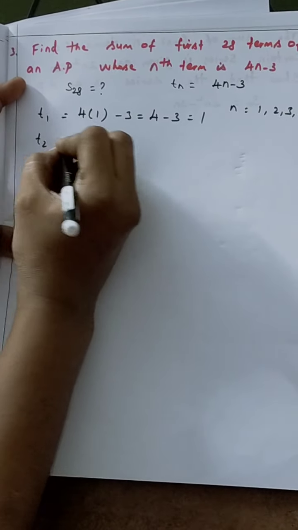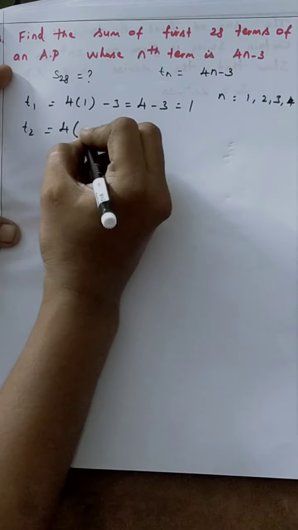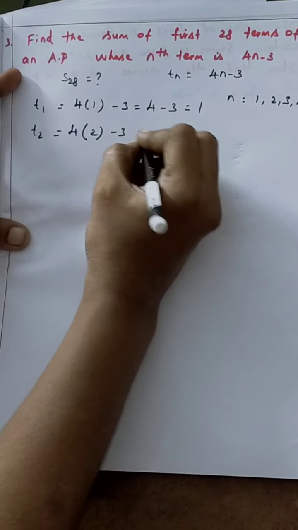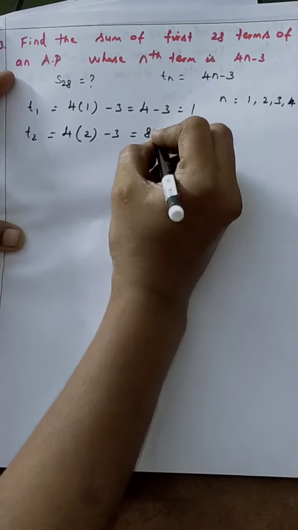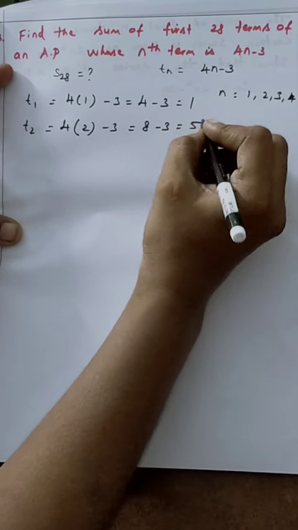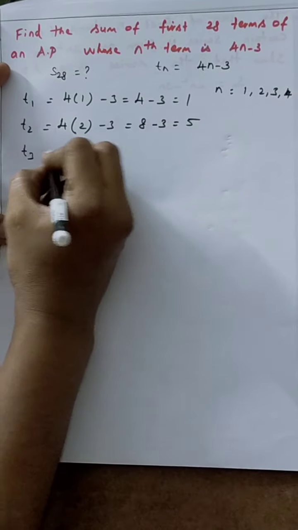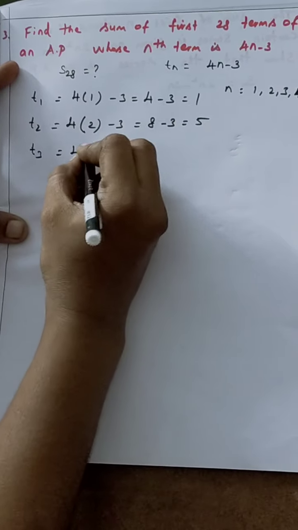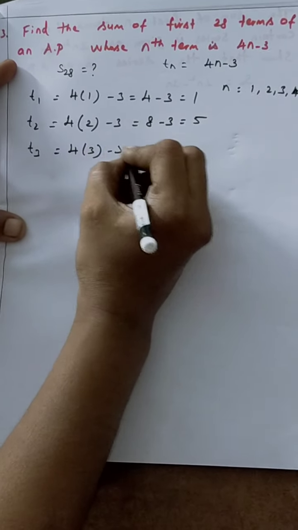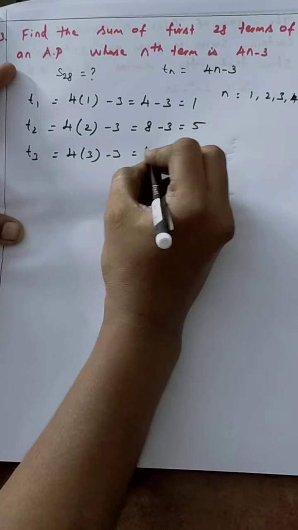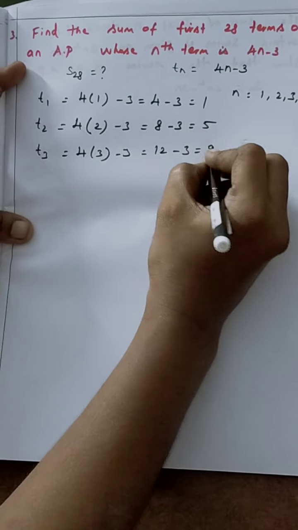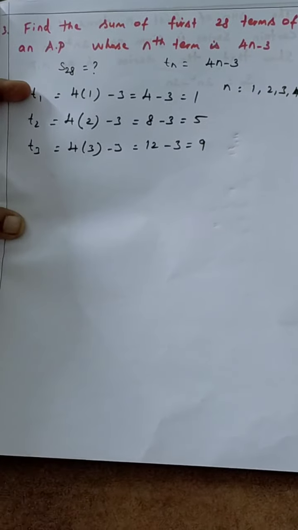Next term T2 equal to 4 into 2 minus 3. 4 2s are 8, so 8 minus 3 equal to 5. Next term T3 equal to 4 into 3 minus 3. 4 3s are 12, 12 minus 3 equal to 9. First 3 terms found.